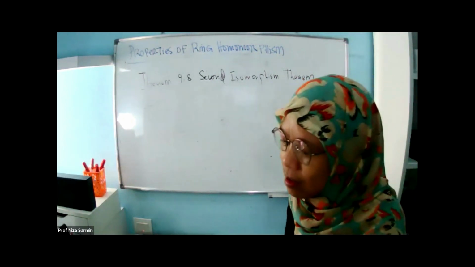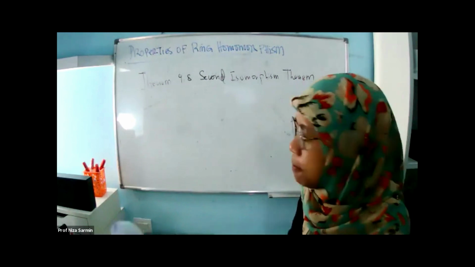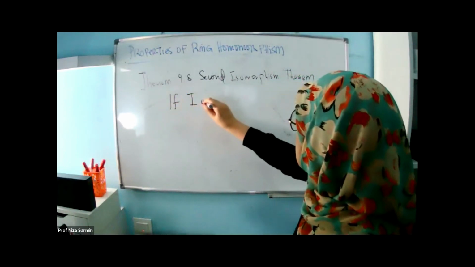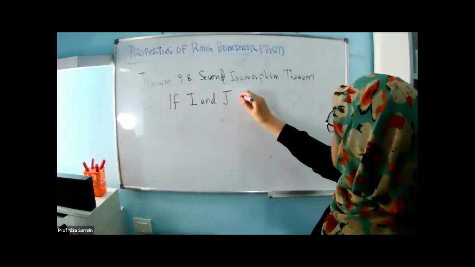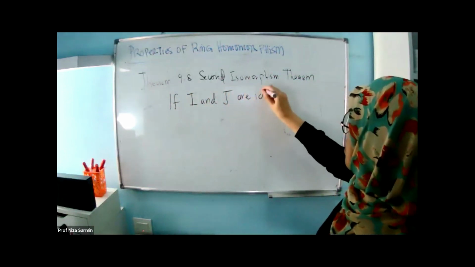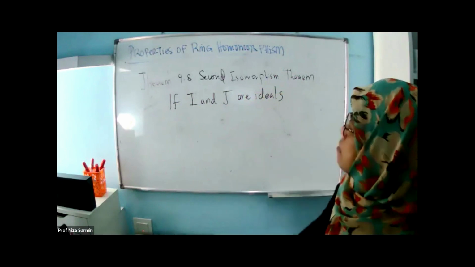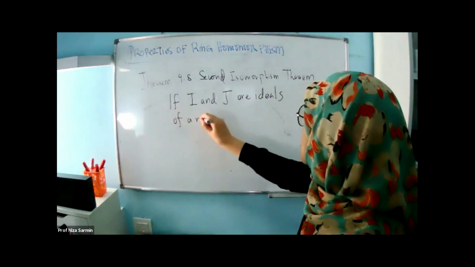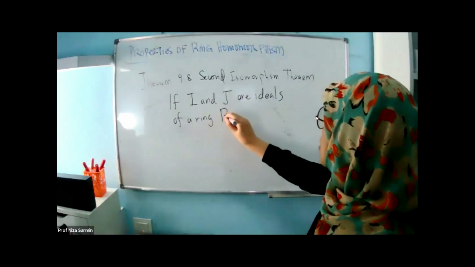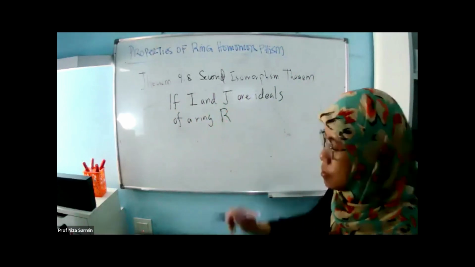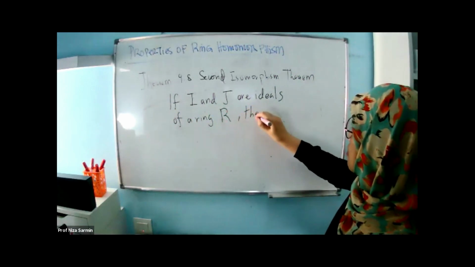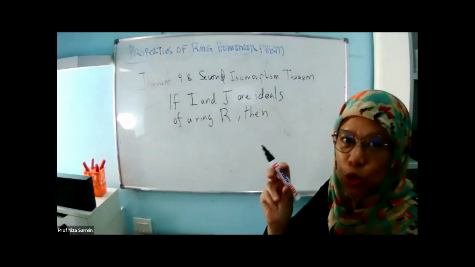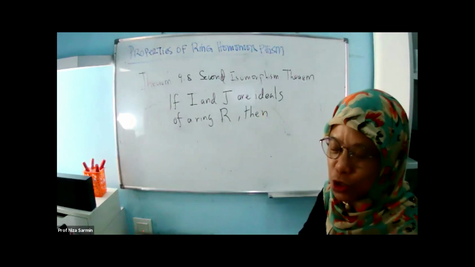About the isomorphism theorem. But this one is a little bit different. If I and J are ideals of a ring R, then the intersection of two ideals is also an ideal. You can show that too easily.